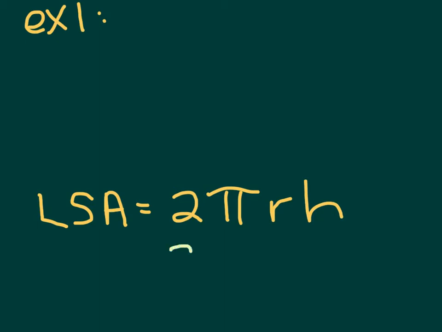Now the 2 pi, that's part of your formula, so it's just going to automatically be there. What is the radius of this cylinder? It is 9. What is the height, or the altitude of this cylinder?